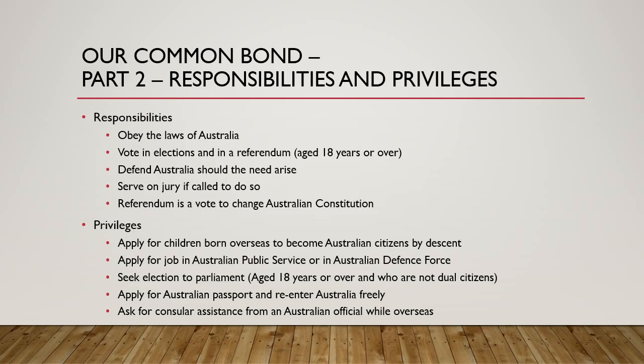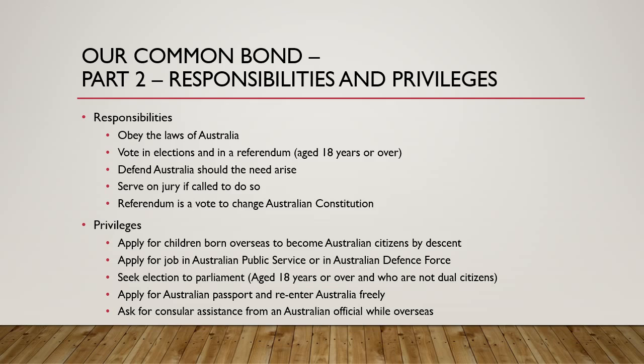Then there come responsibilities and privileges of being a citizen. Responsibilities are to obey the laws of Australia, vote in elections and in a referendum if you are 18 years or over, defend Australia should the need arise, and serve on a jury if called to do so. A referendum is a vote to change the Australian constitution.